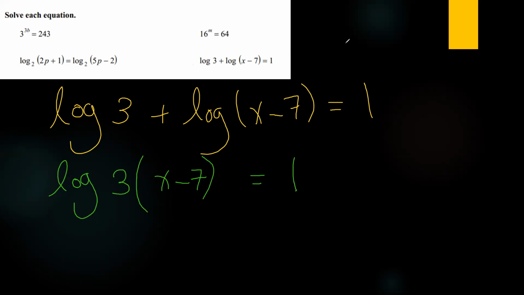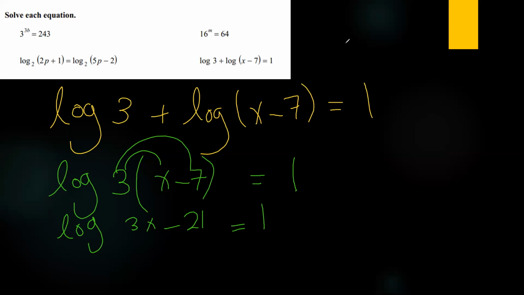That's equal to 1. Then logarithm of 3x, let's distribute it, minus 21 equals 1. Now in this case, we cannot cancel the logarithm because there is no logarithm on the right and on the left.